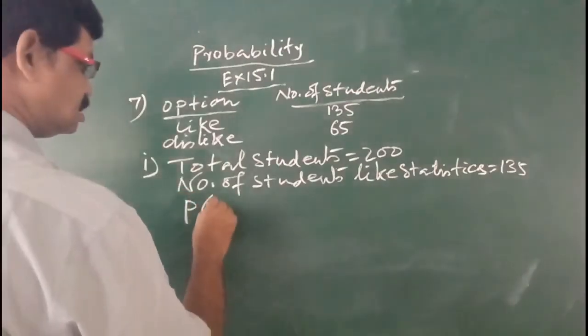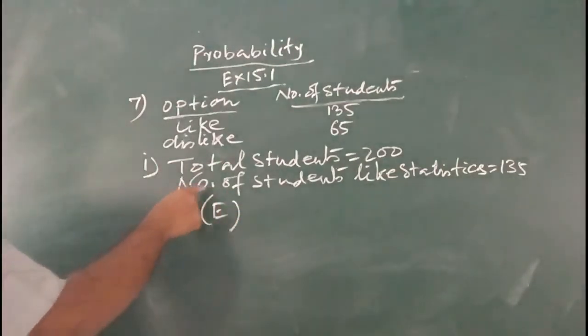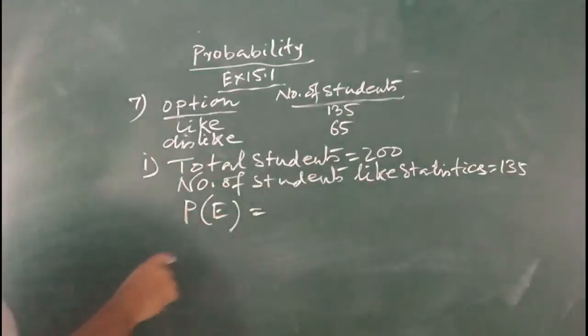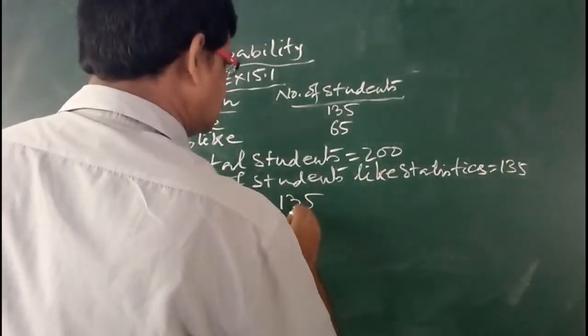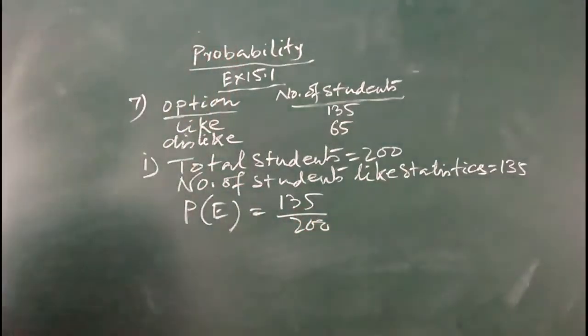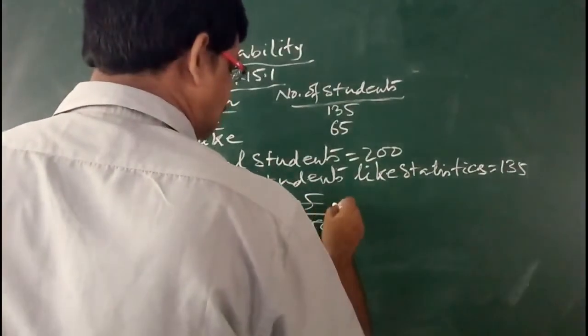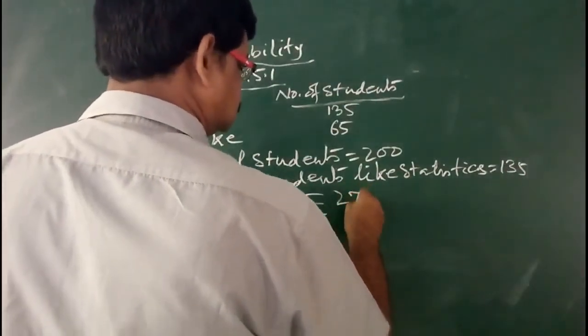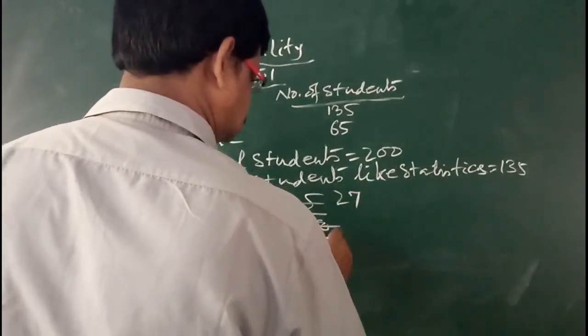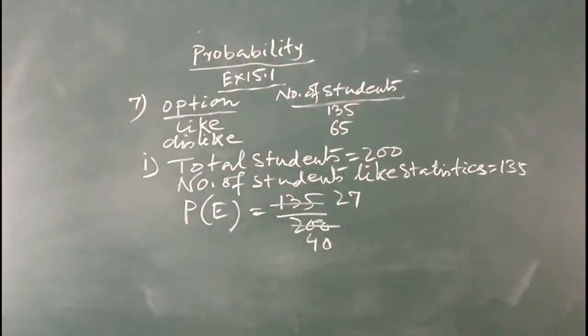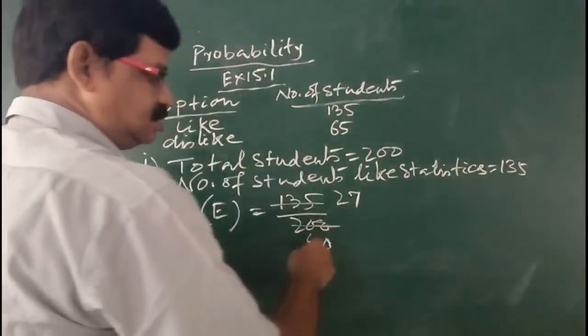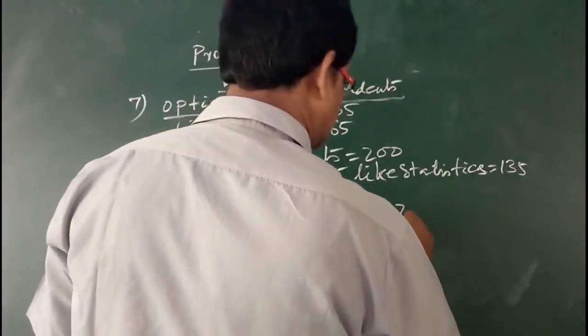So P of event of the probability 135 by 200. Now divide by 5. So you can't reduce more. So 27 by 40.